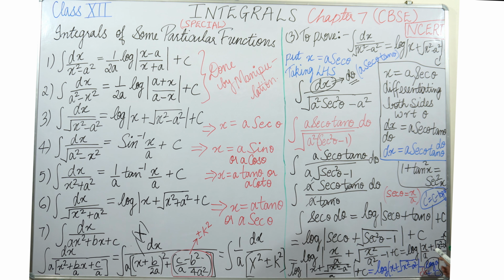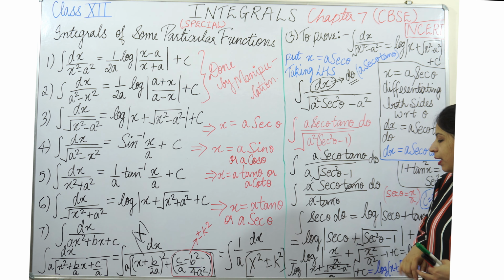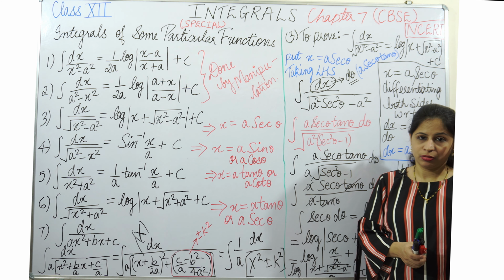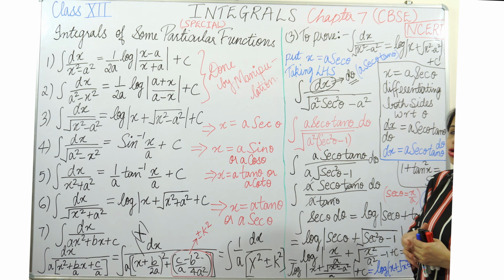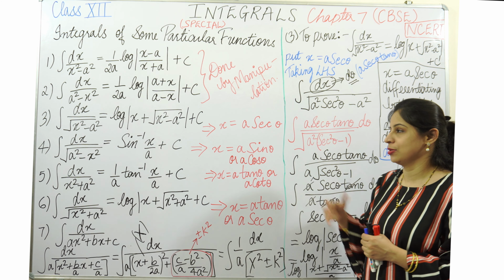Okay, this will be all constant, so it will be integration constant. So c dash will be equal to c minus log a. So it is clear from here. Okay, so it is equal to RHS. So in this manner we need to proceed with such type of functions, and we need to find out the integration of such type of questions.